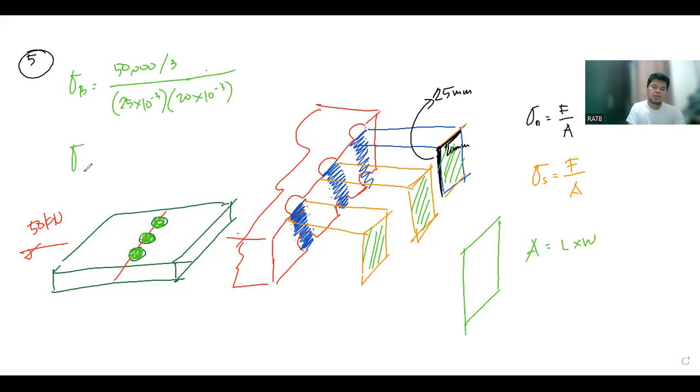The bearing stress would be equal to 33.33 times 10 to the power of 6 Pascal, or basically 33.33 megapascal.